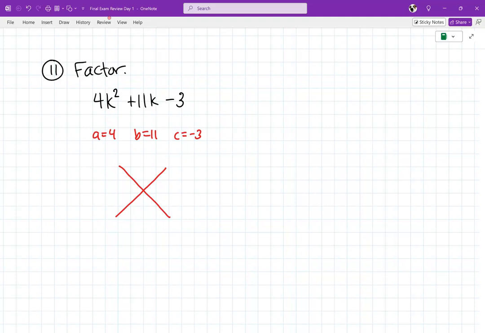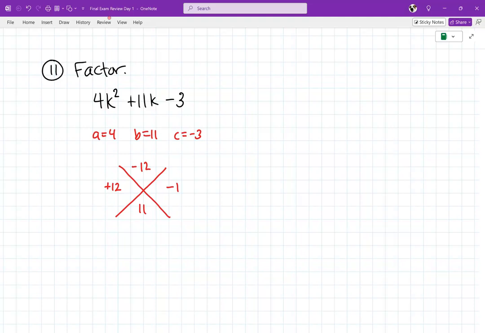So A times C, that's negative 12. B is 11. Two numbers that multiply to negative 12 that add up to a positive 11. It's going to be a positive 12 and a negative 1. Right? Because positive 12 times negative 1 is negative 12, and 12 minus 1 is 11.